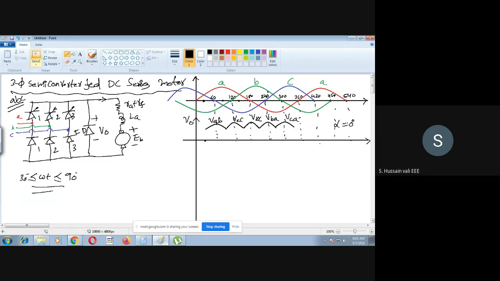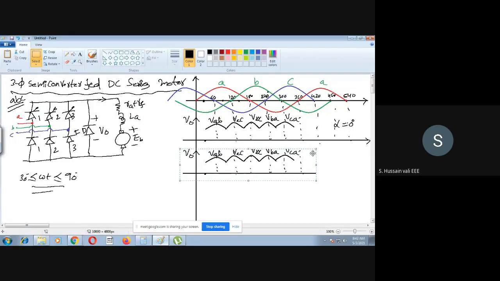Say for example, if you introduce a delay, in the sense that the firing angle is other than 0, say 10, 20, something like this, then this delay will be there and the delay will come like this.